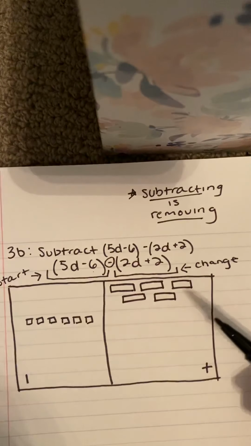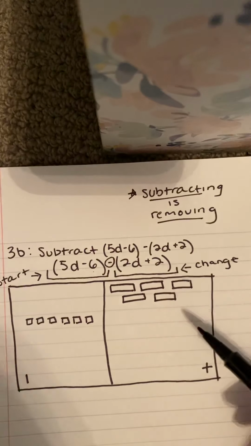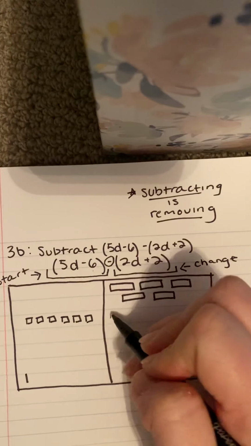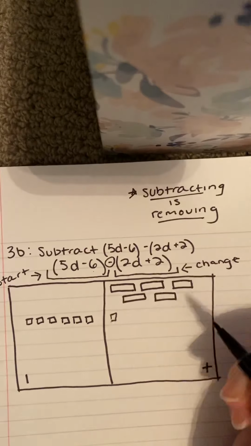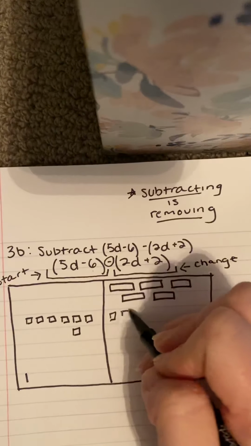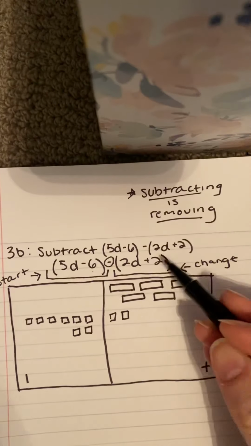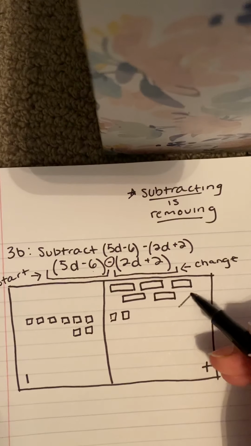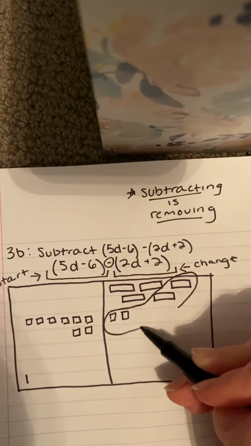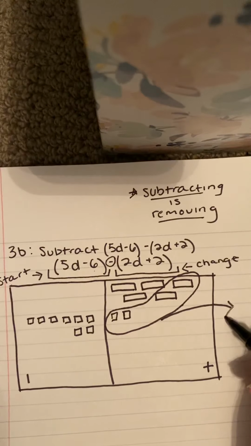We can't take away from the negative side. We're looking at positive. So we don't have 2 positive blocks, which means we're going to have to represent those. So we're going to put 2 blocks on the positive side, but we have to add 2 blocks to the negative side as well. Now we are able to take away 2d, which is 2 rods, and 2 blocks. We're able to remove that completely off the mat.